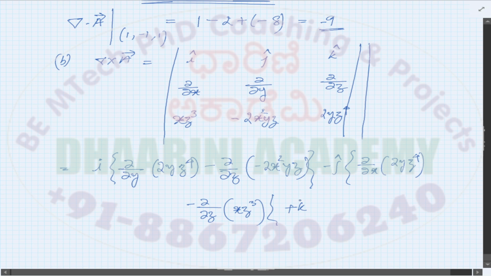Then we have plus k cap into dou by dou x of minus 2 into x square yz minus dou by dou y of x into z cube.